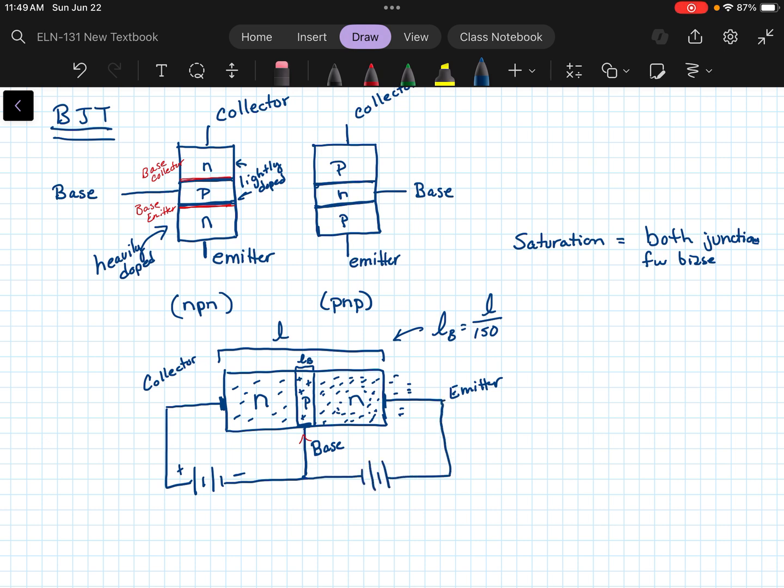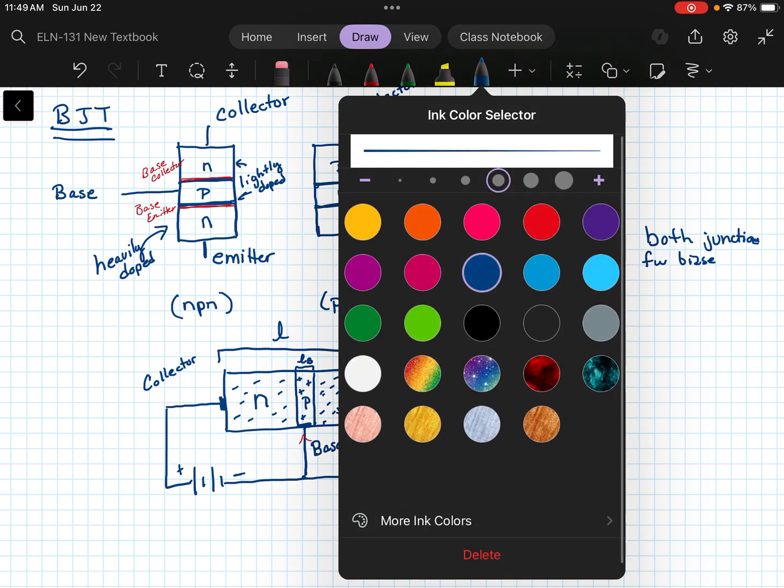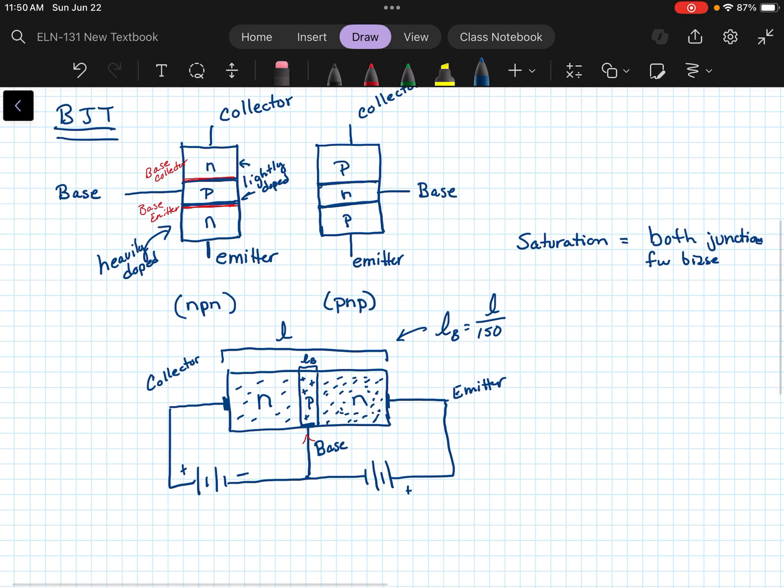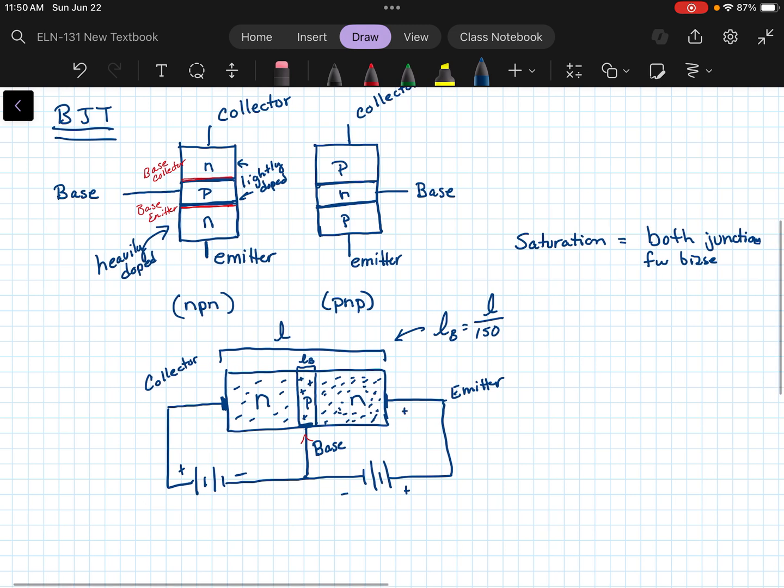Okay, so now what would that do? We've got these positive charges here that are attracting the negative charges out. And we've got this positive material up here that is pulling our negative charges out this way.